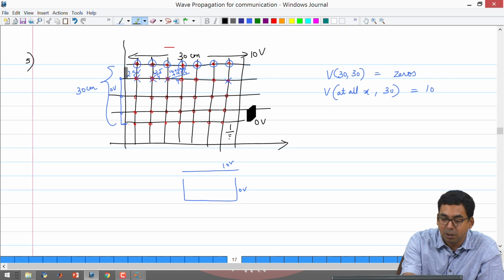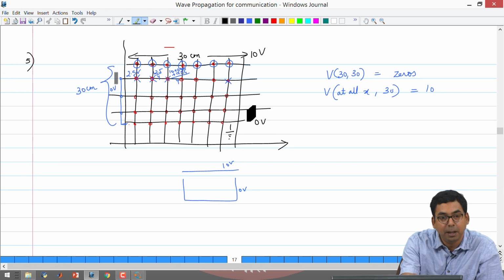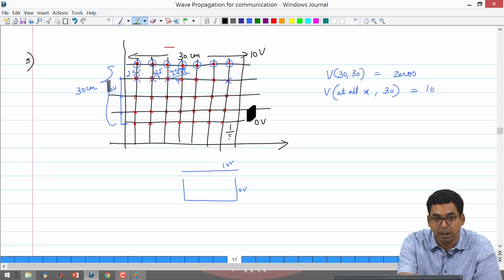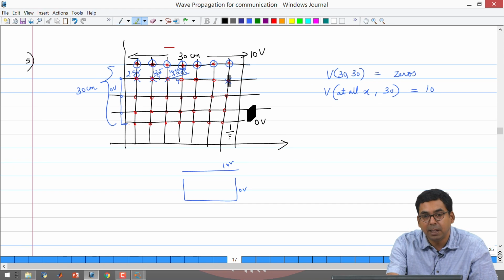So, if I have an unknown voltage at the boundary, I am going to take the nearest neighbor and flip or mirror it on this side. I am going to have the same value of the voltage on the left side. When I go to the right side, the unknown value on the right side, instead of making it 0, I am going to make it equal to the point to the left of it.